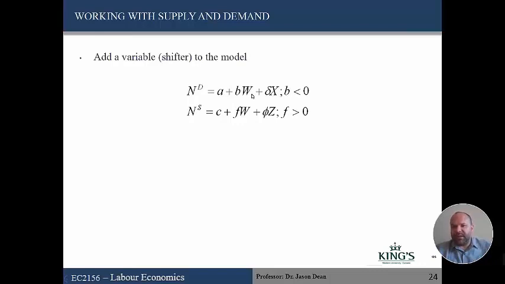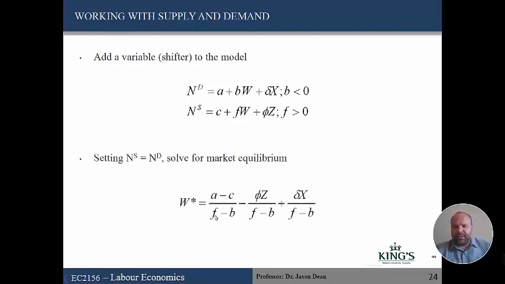So anything else that changes, like X, would be represented with a shift, and same with the supply curve. If we solved this by setting them equal, with our two equations and two unknowns, we would get this term here as the equilibrium wage rate.